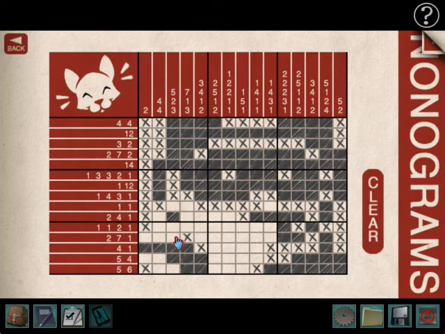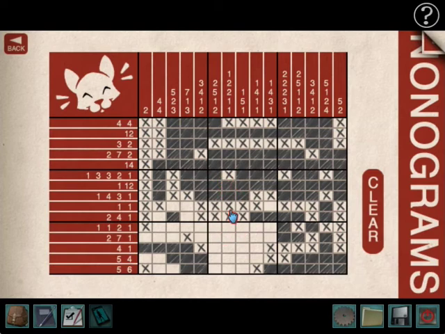Either way, that has to be filled in, because it could go down here or it could go up there. So that's good to know. I'm going to slowly work my way over here. The good news for this is that these have to be X'd out, because the 2 can't really go anywhere else. So 3, 4, 1, 2, 2, 5.